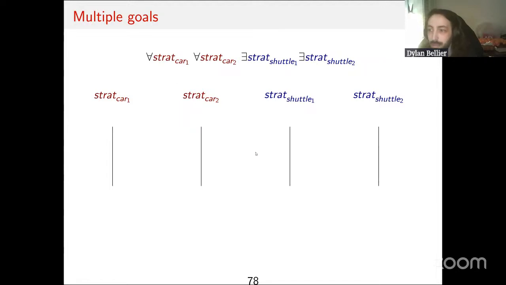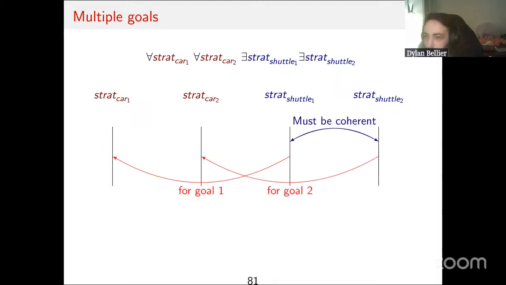The problem is when we do this trick in order to be able to answer to each goal, is that we lose completely the fact that those two quantified strategies should correspond to the same behavior in the game in a way. So we want to recompose strategies in some sense.